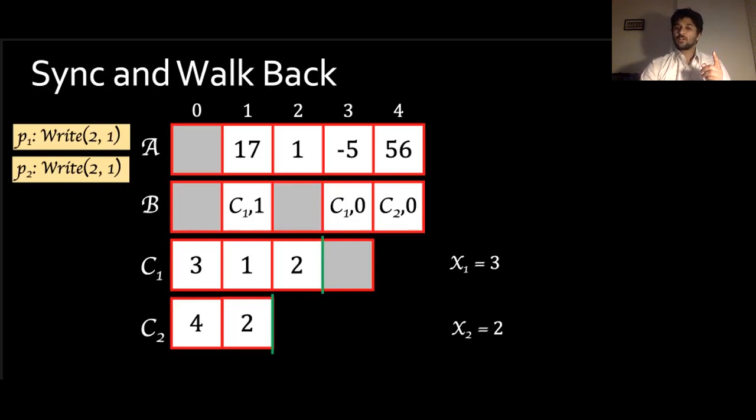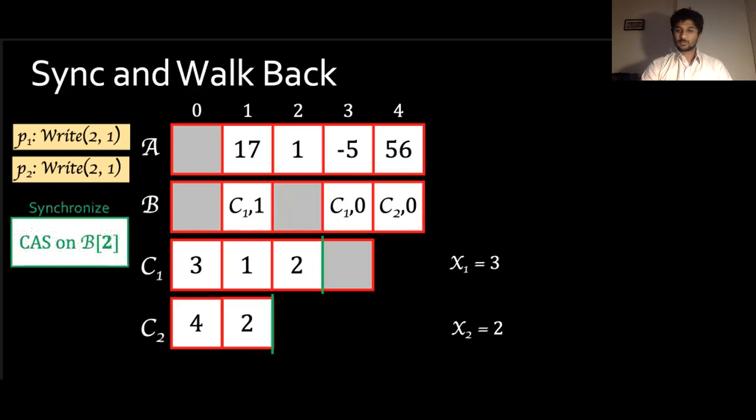In particular, we introduce a synchronize and walk back scheme. In order to synchronize, we replace the writes to B2 with CAS operations. Since P1 acts first, its CAS succeeds and certifies index 2. However, when P2 subsequently attempts its CAS, it will fail since the value of B2 was changed by P1.